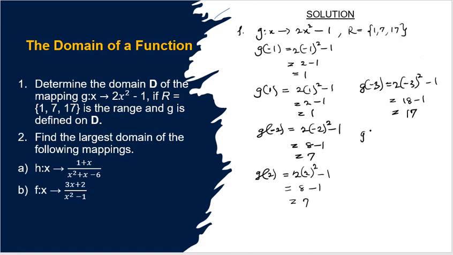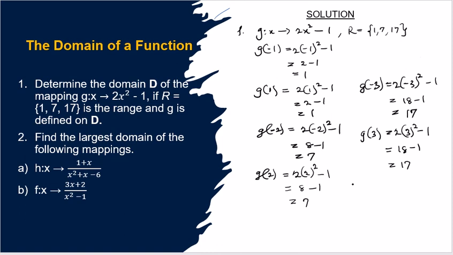Good. So we have g(3) now. That gives us 2 into 3 squared minus 1, which equals 18 minus 1, and that gives us 17. So we can see that 3 also has an image of 17.